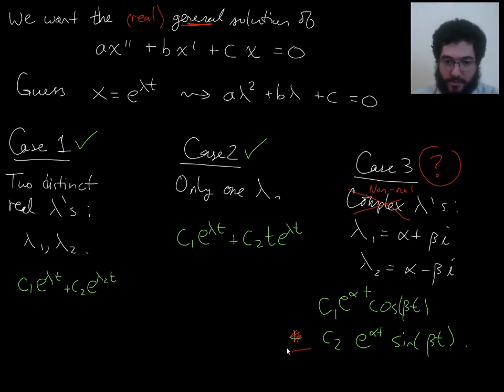So to write it with a minus sign here is just going to flip how I interpret C2, but it does not make my general solution any more powerful or less powerful. It does nothing. So this is why when we find ourselves in case 3, we only need one of the two complex roots of the characteristic polynomial. We only need to take one of them, and then take the real and imaginary part of the solution you get.